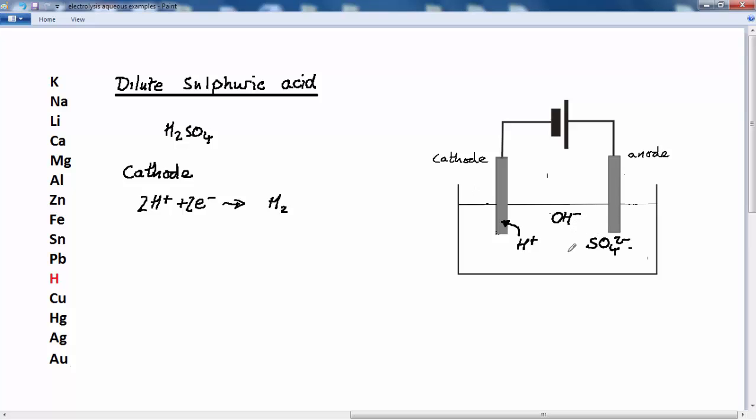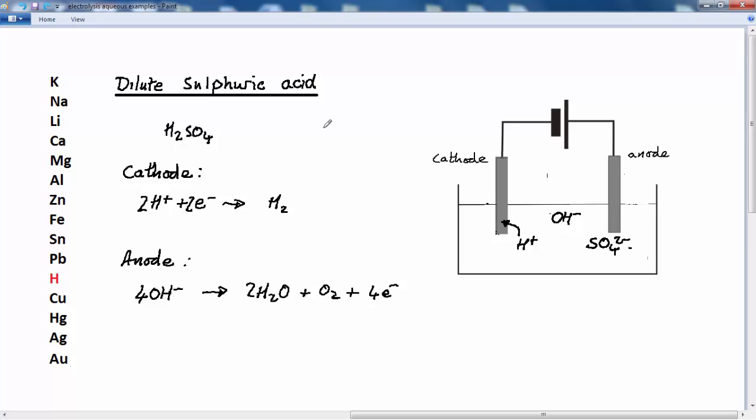And then at the anode, again, this is a solution that does not contain a halide ion, therefore it will be the hydroxide ion that is oxidized at the anode. So we can write at the anode the same equation. You're going to just remember this one off by heart, it's probably the best thing. 4OH minus gives 2H2O plus O2 plus 4e minus.